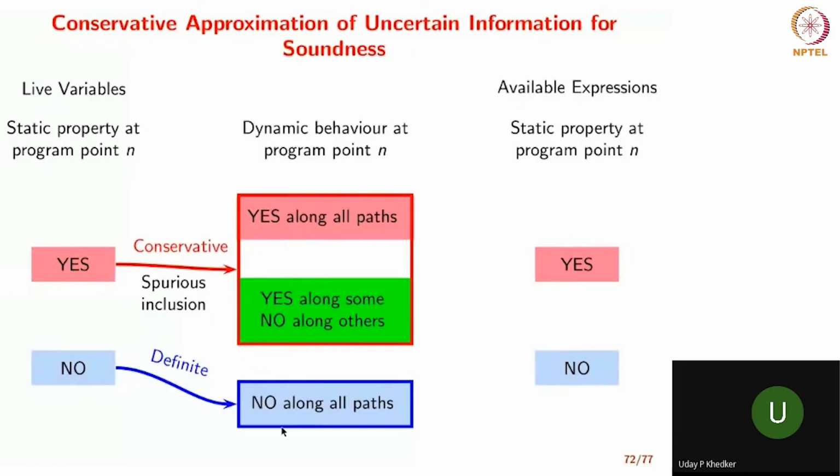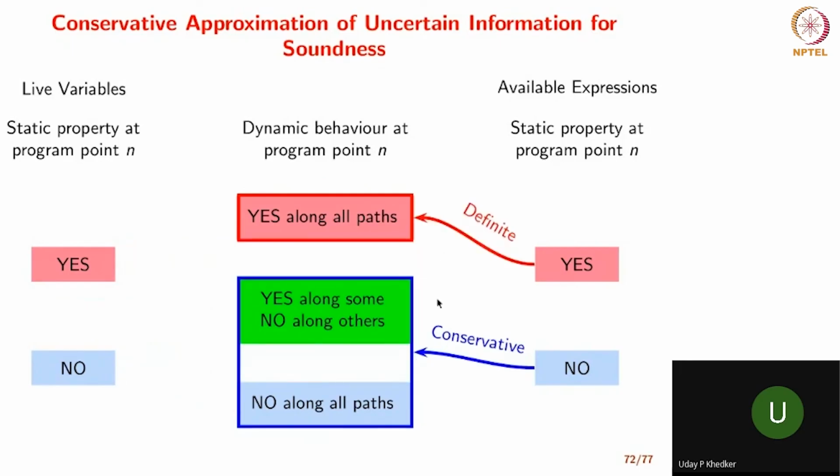Because we are definite here, as soon as we know that the variable is not live, we can do the optimization. We do the optimization using the definite information. Similarly, we do common subexpression elimination using the definite information. The conservative information leads to harmless error.